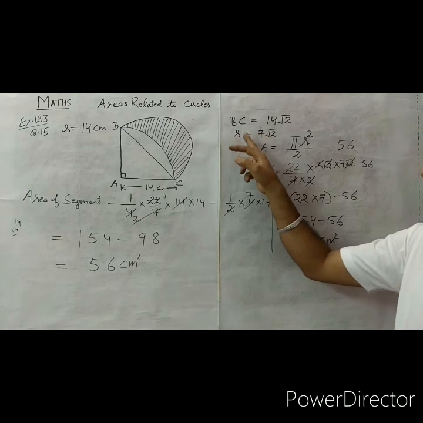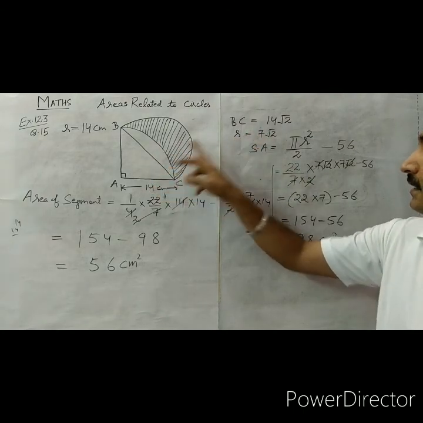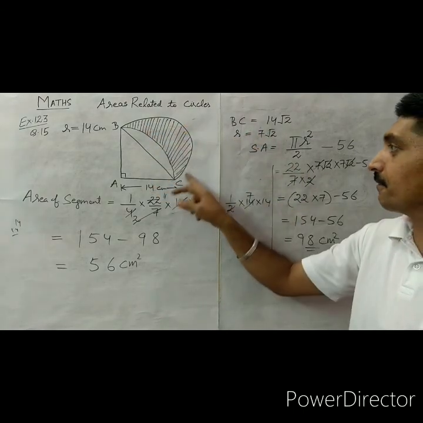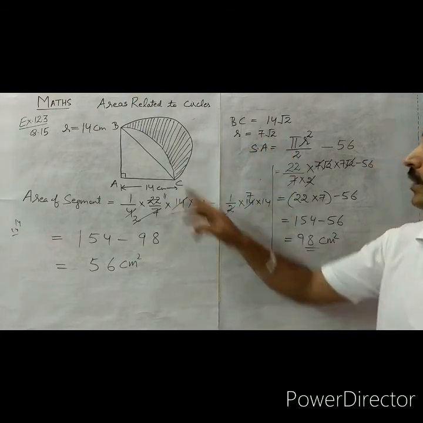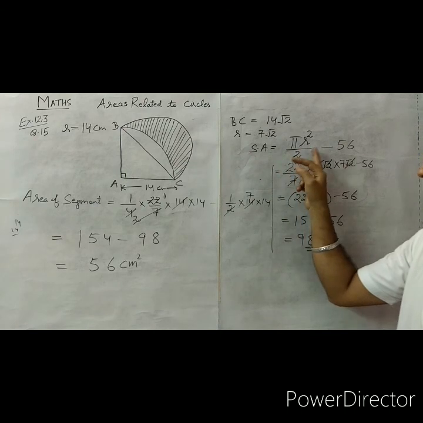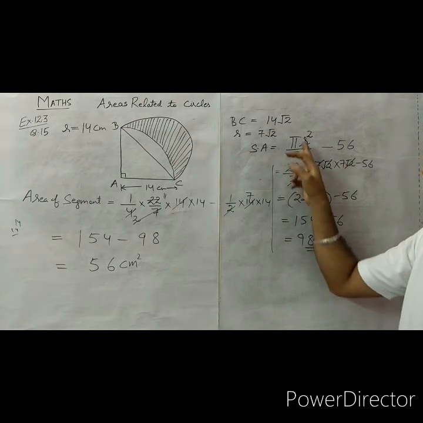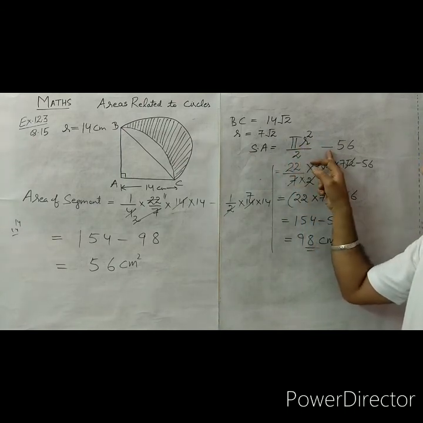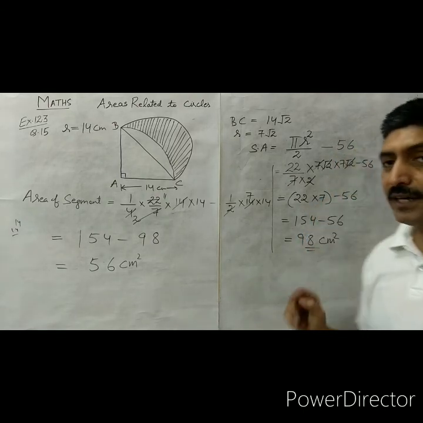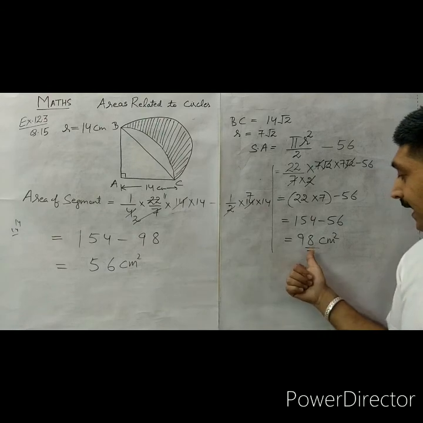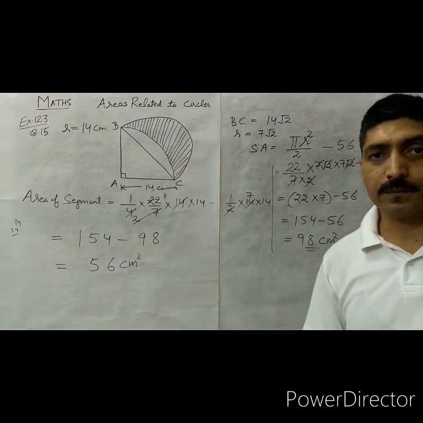And here we have also found the BC. Half of BC is the radius of semicircle, which is 7 under root 2 here. So the shaded area is equal to area of the semicircle, that is pi r square divided by 2, minus 56. So we have the shaded area equal to 98 centimeter square.